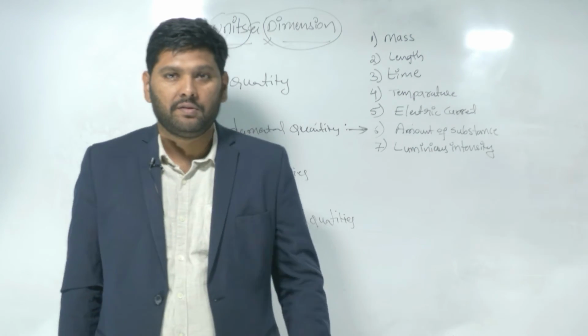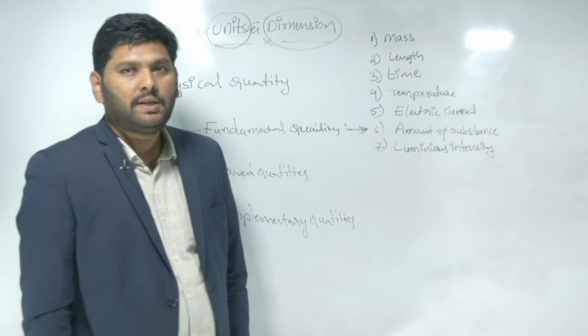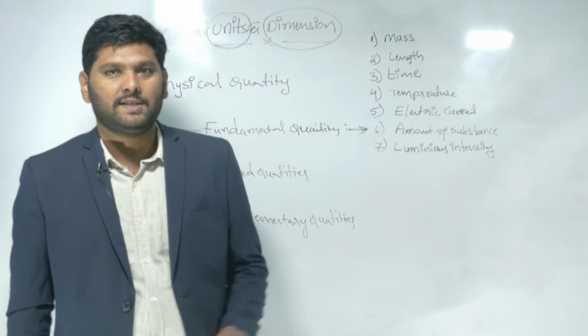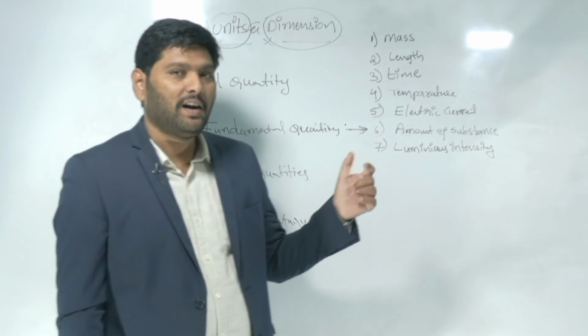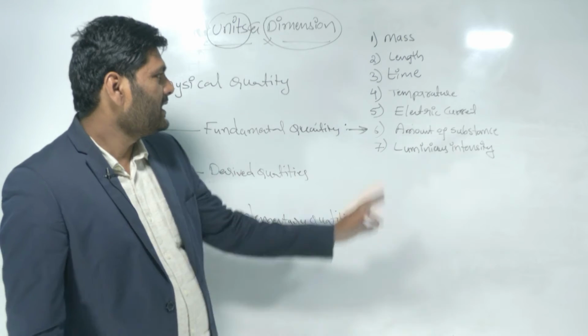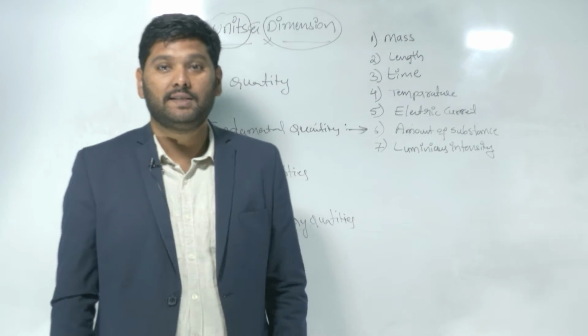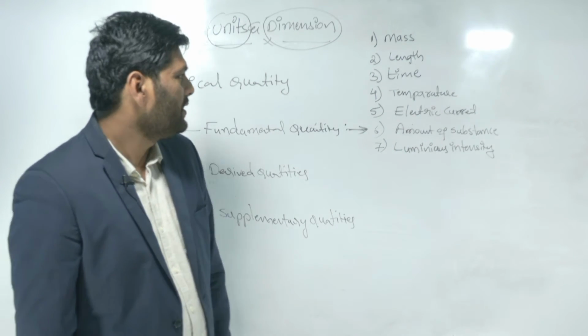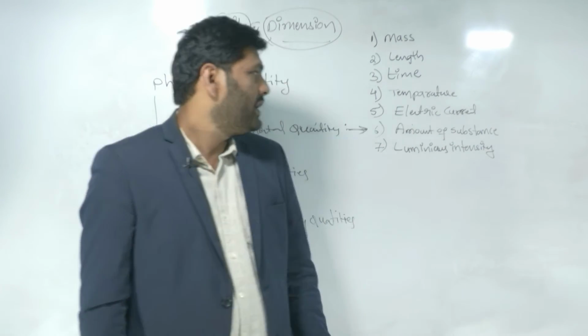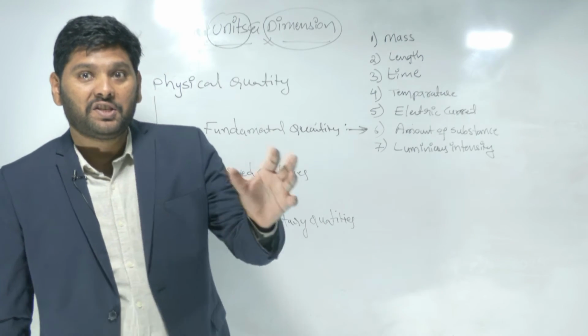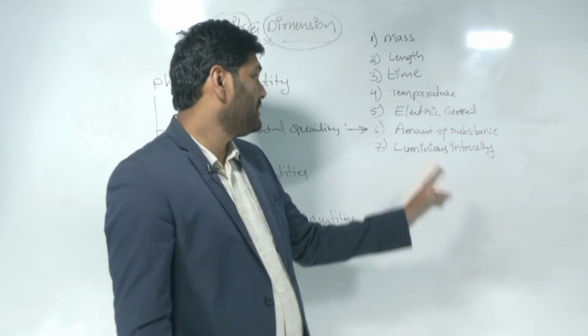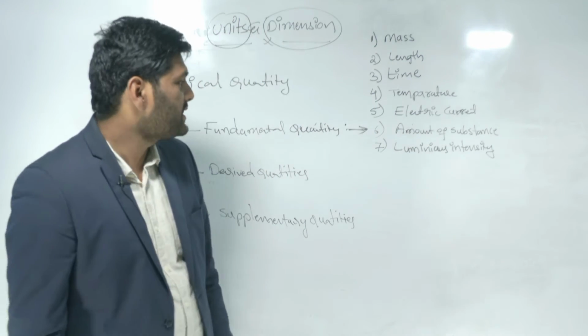Similarly, temperature. Temperature represents hotness, not hot, that is hotness. Understand? The temperature represents the degree of hotness. Next, electric current. We will get an electric shock with that. That kind of quantity is known as electric current.